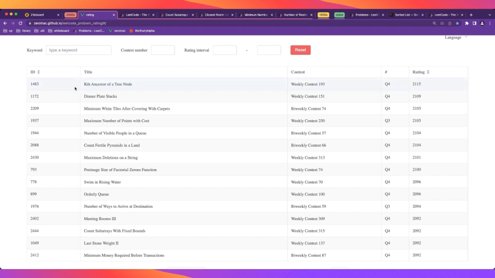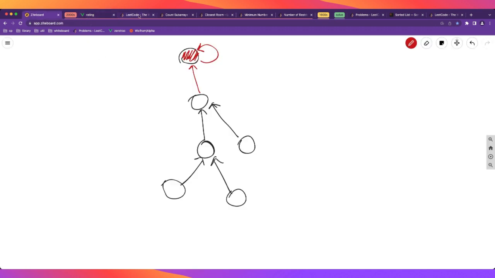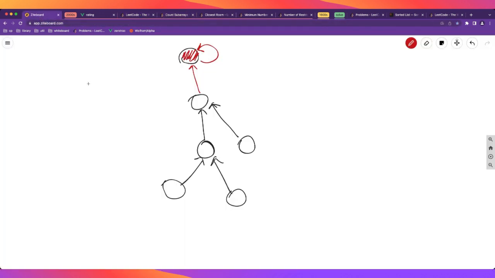So I'm going to do it eventually. Yes, this was a Q4 in a weekly contest. The rating is 2100. But yes, it's a very well-known problem and a known technique, and now you know it.